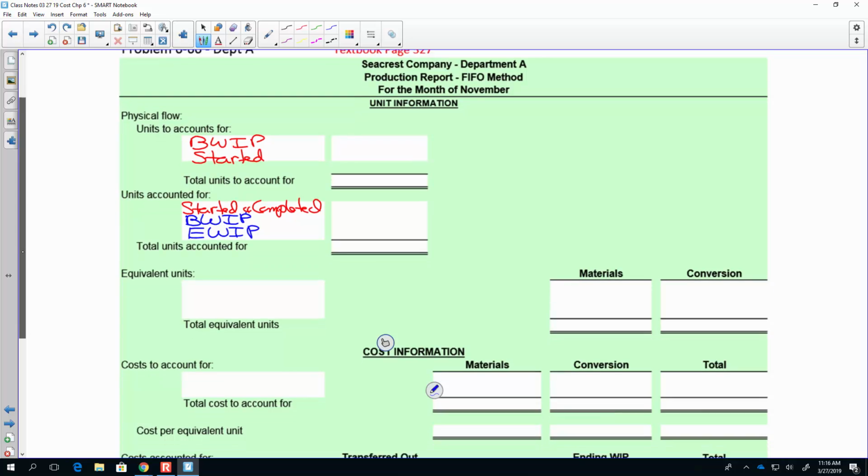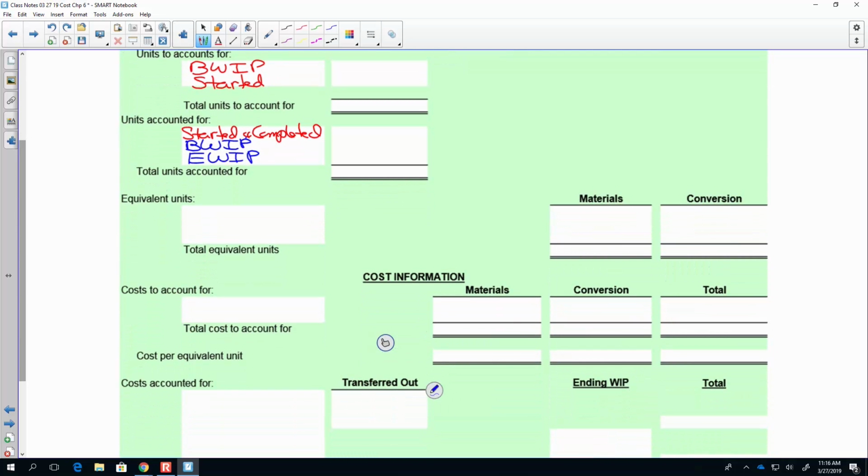Going down this worksheet, in the step 2 section, we're going to have completed, FIFO method, started and completed. Maybe you guys should wait till I finish and then write it down. Finish beginning with.